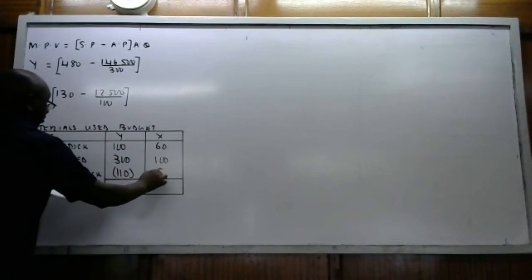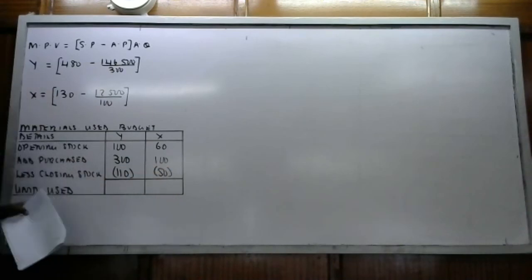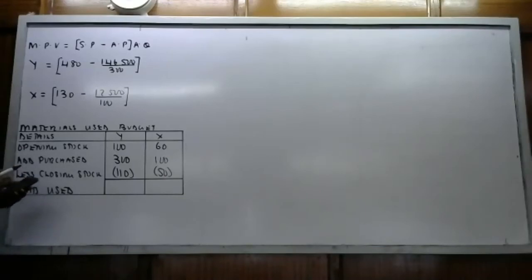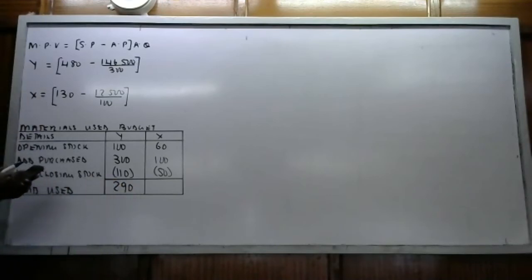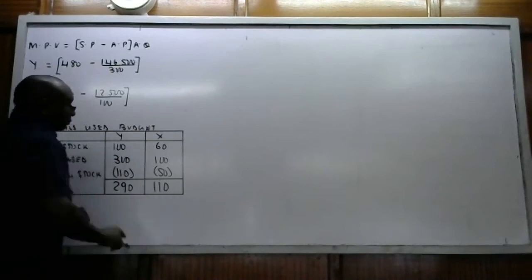Na huyu ni 50. So if you follow the formula that you have given, it should be 100 plus 300 minus 110 is 290. Na yule mwingine 60 plus 100 minus 50 is 110.